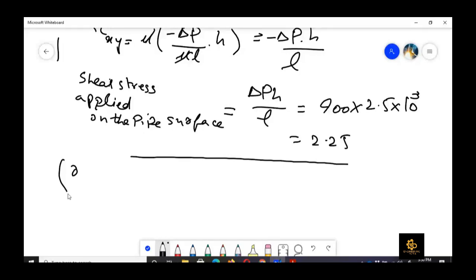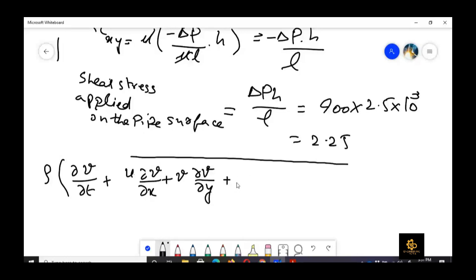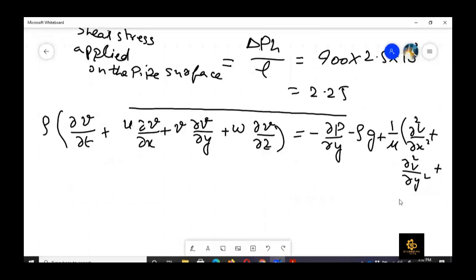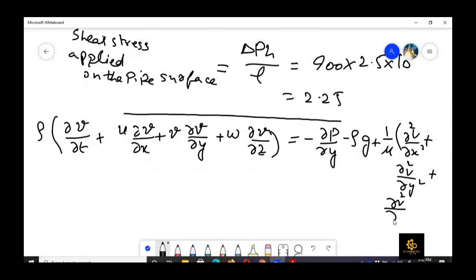If you remember, that was rho into partial v by partial t plus u into partial v by partial x plus v into partial v by partial y plus w into partial v by partial z is equal to minus partial p by partial y minus rho g plus mu into partial square v upon partial x square plus partial square v upon partial y square plus partial square v upon partial z square.